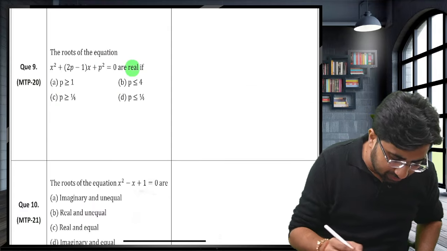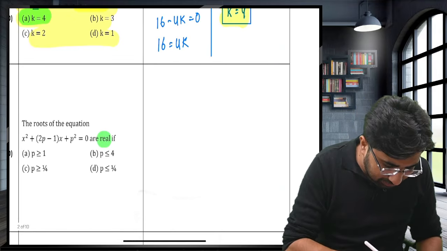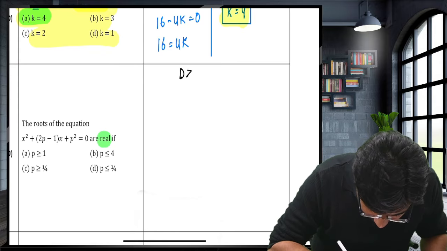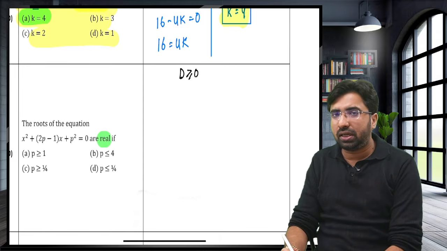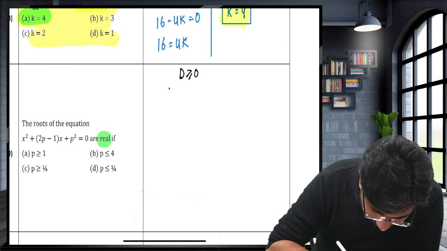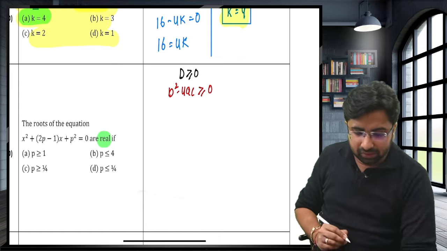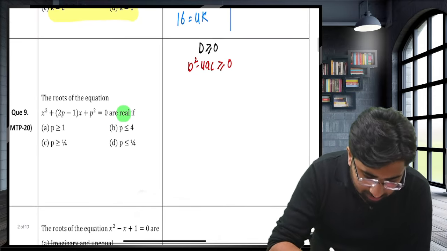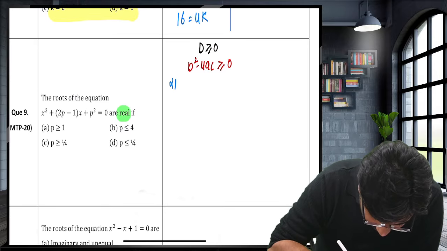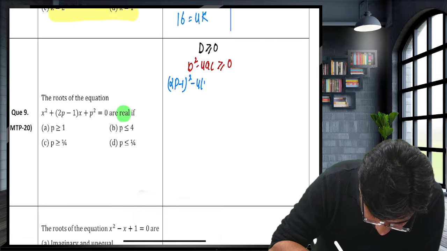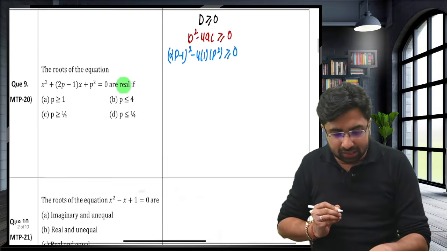So in that case, you have to use D greater than or equal to 0. So b square minus 4ac greater than or equal to 0. What is b square? (2p minus 1) whole square minus 4 into a into c greater than or equal to 0.